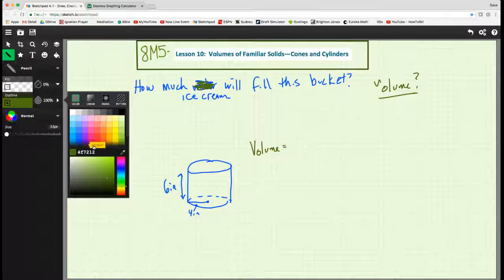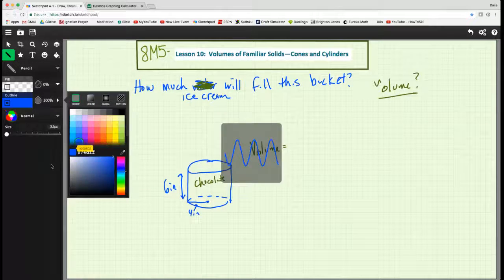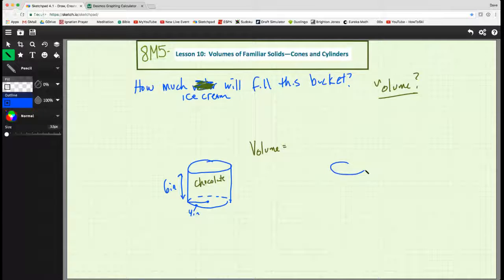All right. So I'm in the grocery store, and this is chocolate ice cream. And over here, I have another bucket of ice cream, and it's kind of tall and skinny. And I know that this radius here is 3 inches, but it's taller, it's 8 inches high.